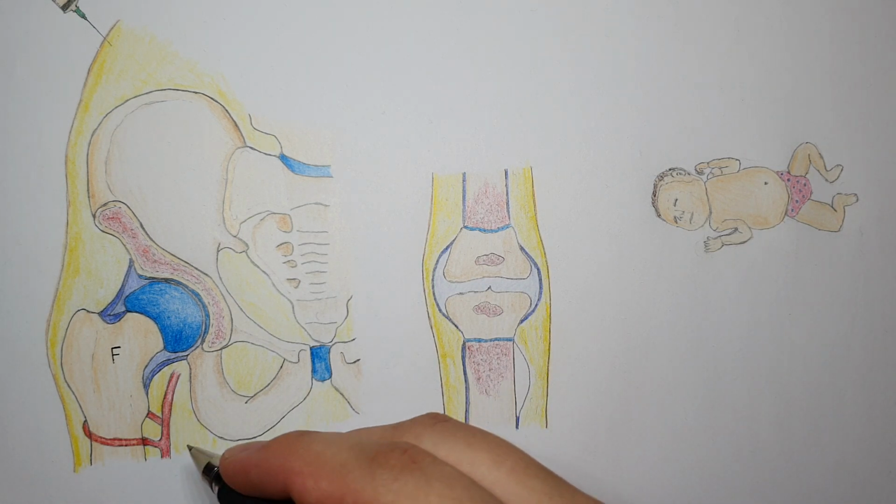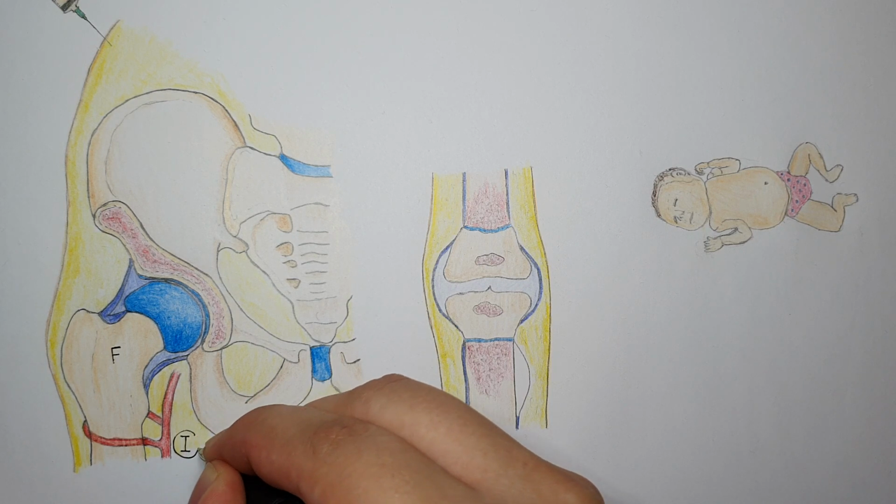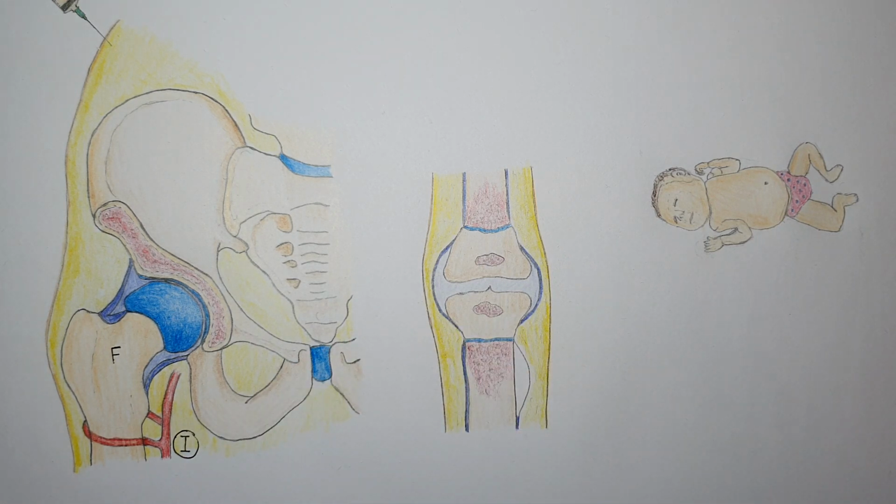So the first way in which children can get osteomyelitis is via the bloodstream. Of course, this also applies to adult patients.